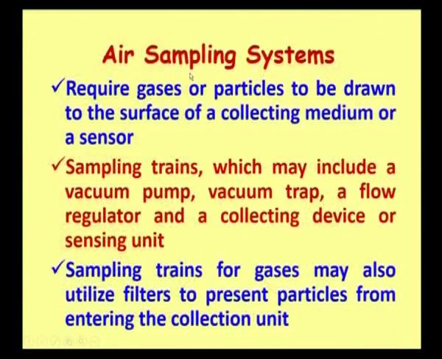And the air sampling system. They are sampling the air, and they require gases or particles to be drawn to the surface. Therefore the sampling system sucks the air inside and collects the information, utilizing a filter to capture the particles.